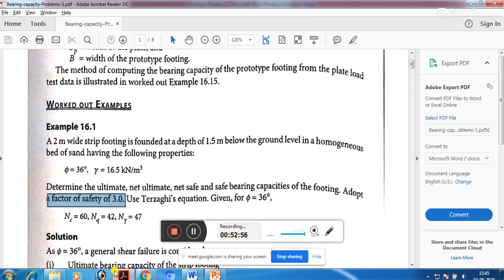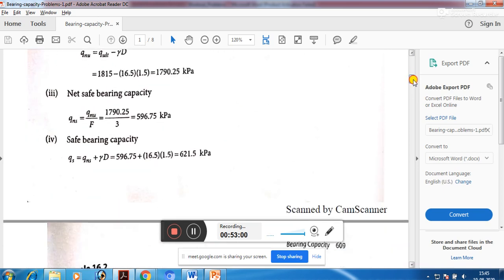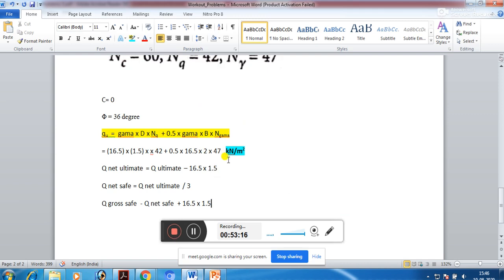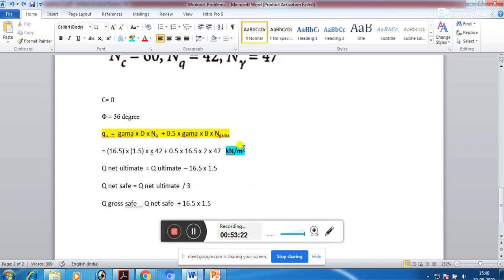And you see this problem, in this problem solution also, if you notice, this is being done. So what is being done? Whatever net safe they have calculated, this 596.75 value, to this they are adding up 16.5 into 1.5. Don't get confused, every value is going to have this unit, kilonewton per meter square.